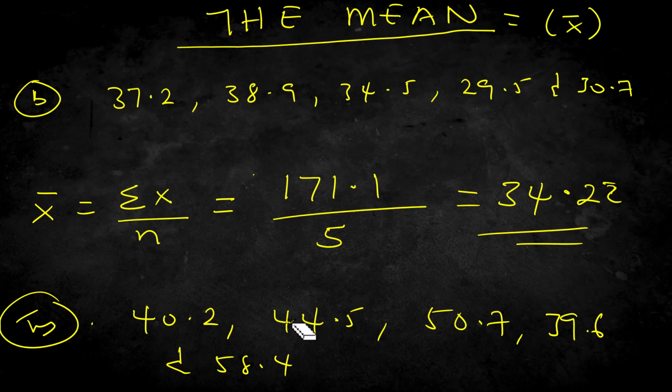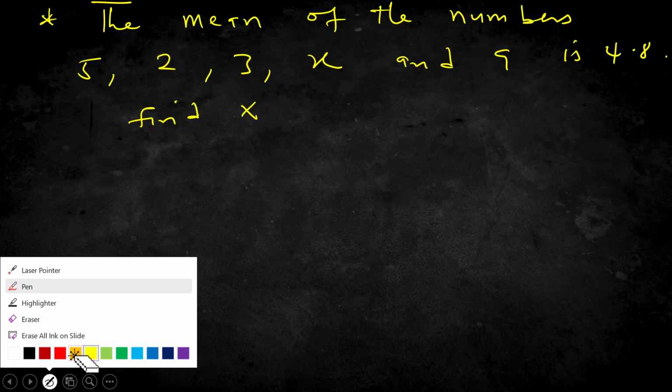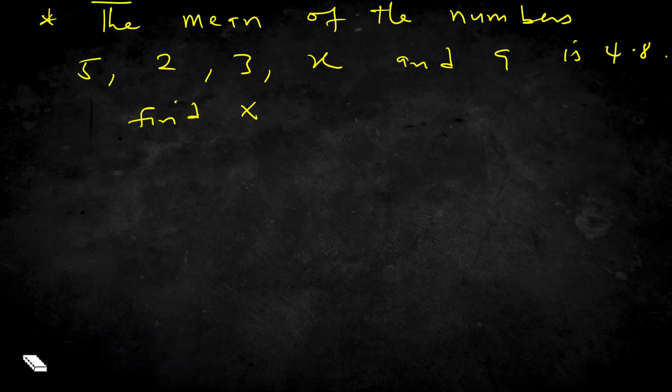All right, let's observe this question. The mean of the numbers 5, 2, 3, x, and 9 is 4.8. Find x. This one is very simple. Solution.